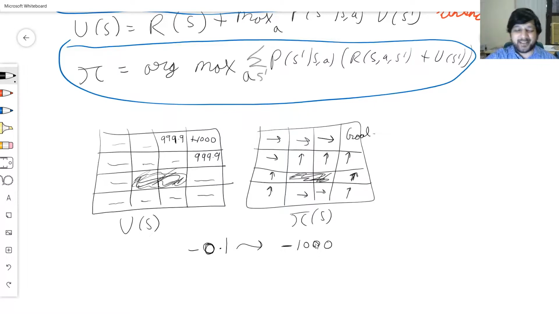So if you take it as minus 1000, taking a step has so little of a negative reward that collision, minus 1000, is nothing in front of it. So effectively you are trying to just minimize the number of steps. You stop caring about collision because the cost of moving is much harsher than collision.